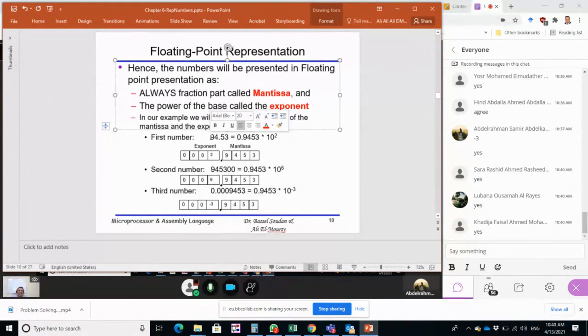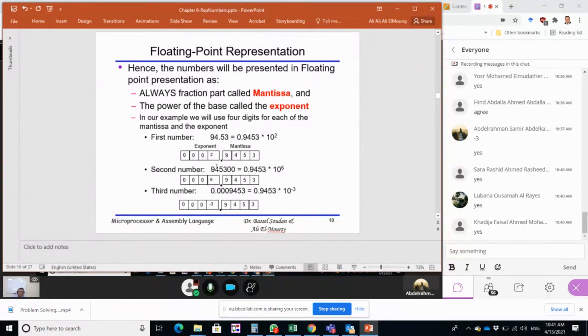What is the beauty of this representation? The beauty of this representation is that since I store the number as mantissa and exponent, surprisingly, right now, the two numbers that we failed before to store can now be stored in my 8-digit storage.